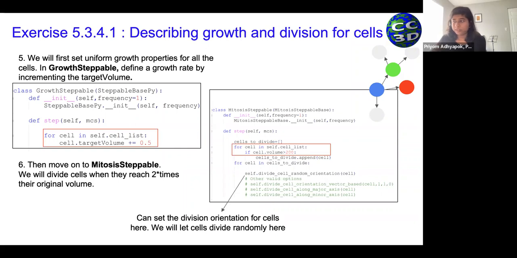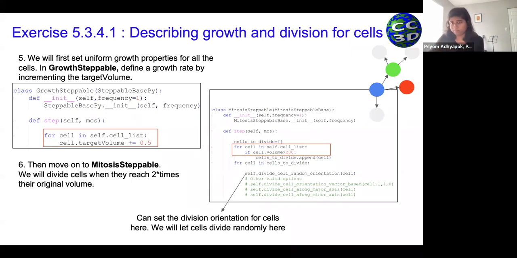The other thing that we're going to change, so this is as far as growth steppable goes, we're going to make some changes to the mitosis steppable next. So what we're going to assume is that these cells are going to divide when they reach twice their initial volume.